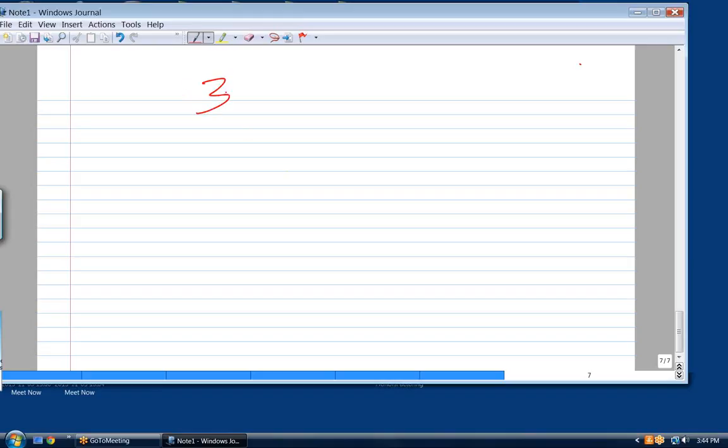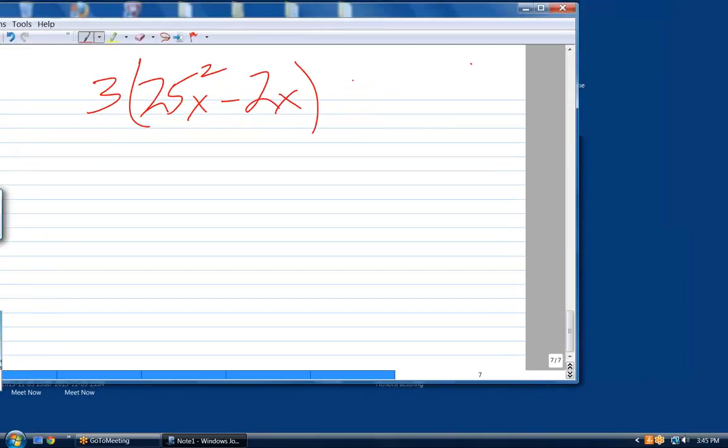So 25x squared minus 2x, in parentheses, is less than or equal to 2 times, what's the other side? Parentheses 216 minus 3x. Okay.